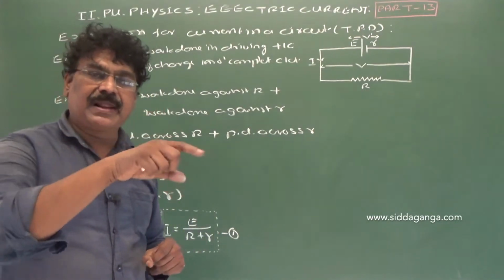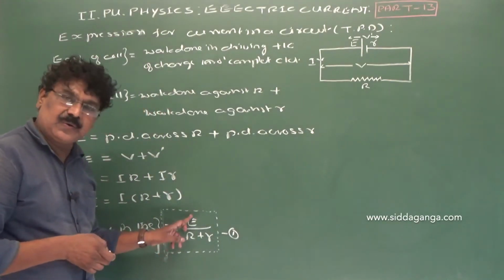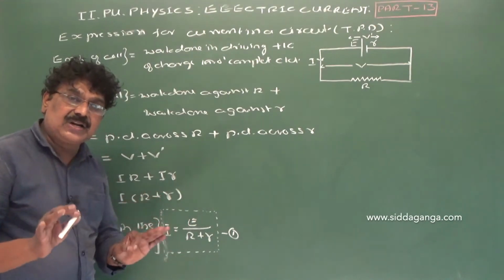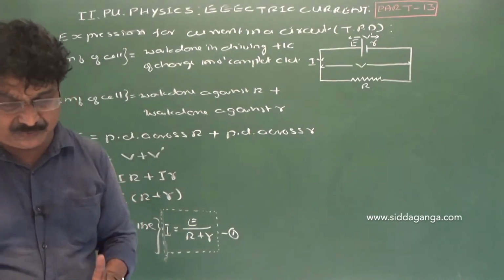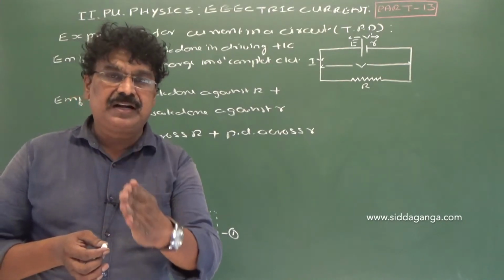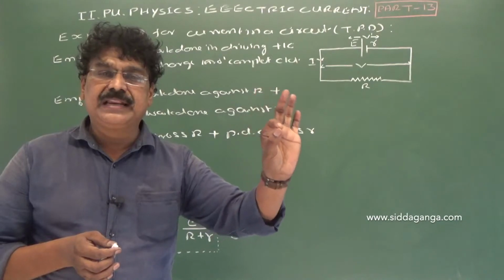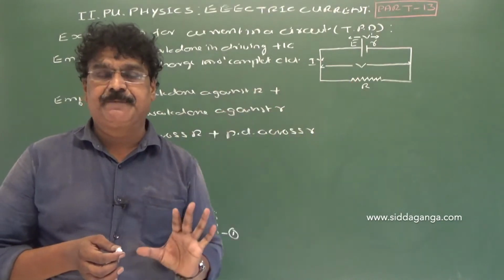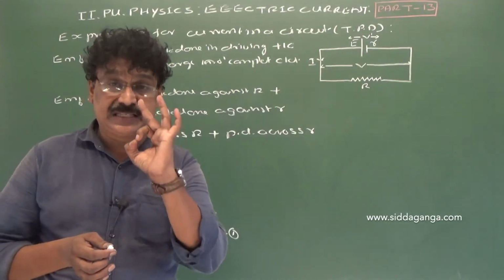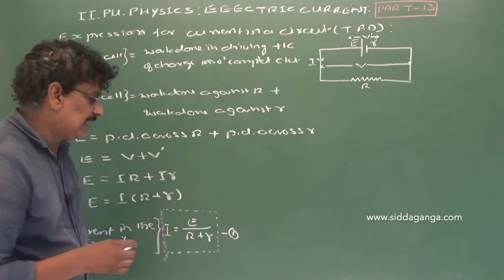But when applied to an electrical circuit, it takes the form I is equal to E by R plus r, and it gives the current flowing through a circuit. Once again I repeat, the expression for current through a conductor is I is equal to neAv suffix d. The expression for current through an electrical circuit is I is equal to E by R plus r.